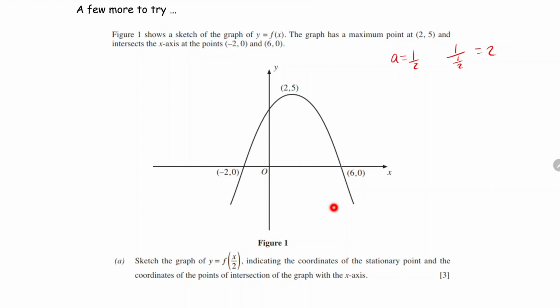So that's going to double the coordinates of each of these x values. So 2 times by 6 is going to give us 12, 0 as the new root. -2 times by 2 is going to be -4, 0 for the other root. And then 2 times by 2 is going to give us 4, 5 for the maximum point, and your graph is going to look something like this.